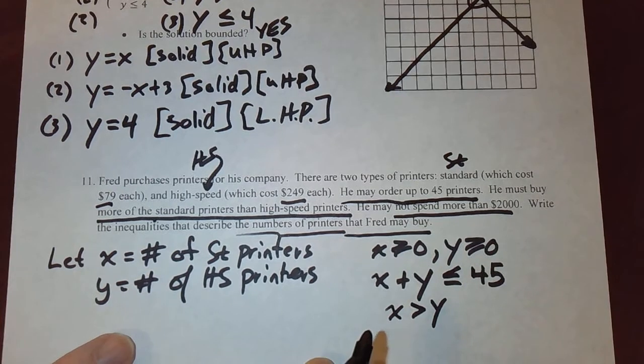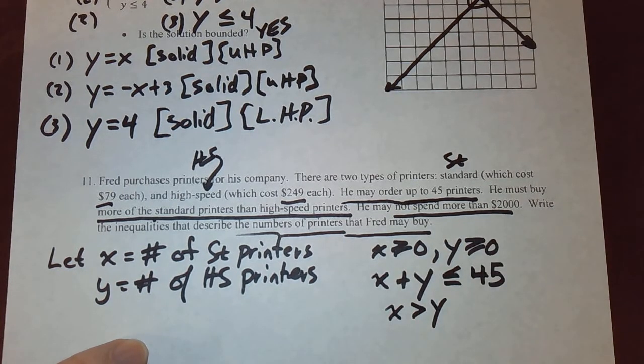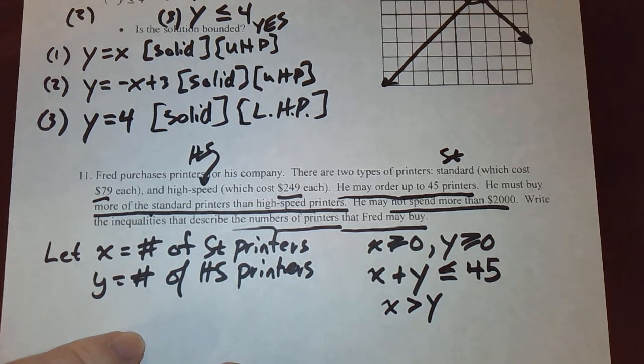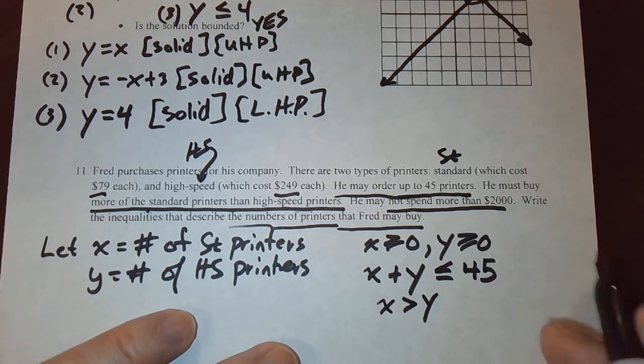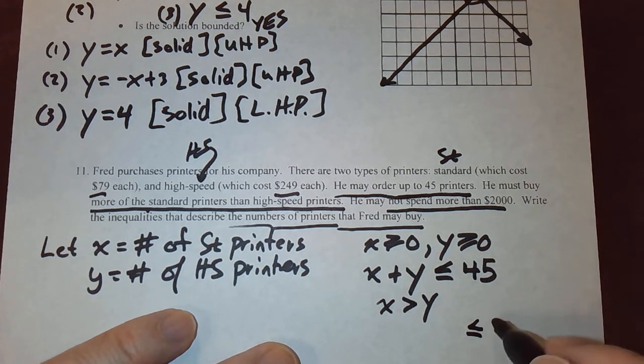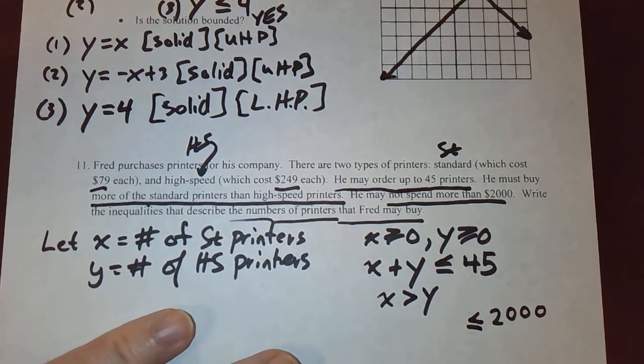That was pretty simple. He may not spend more than $2,000. We have one more inequality. How are we going to do that? If you can't spend more than $2,000, that means something has to be less than or equal to $2,000. What is going to be less than or equal to $2,000?